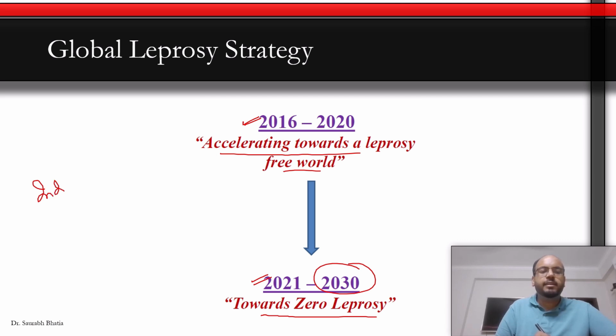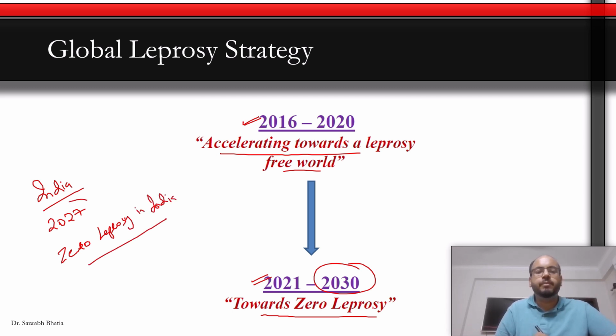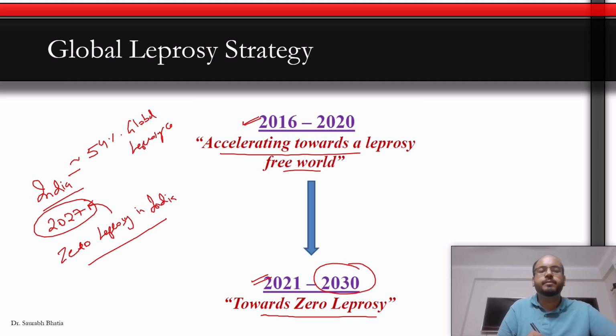What India has done is India has taken a target 3 years prior to it. That means by 2027, zero leprosy in India. And if you remember, this is the vision of NLEP. Since India is a highly endemic country, roughly about 54% of global leprosy cases come from India. Roughly about half of the cases come from India.